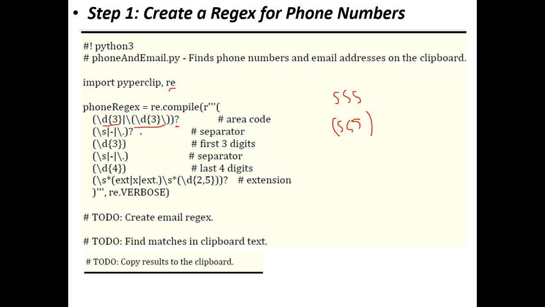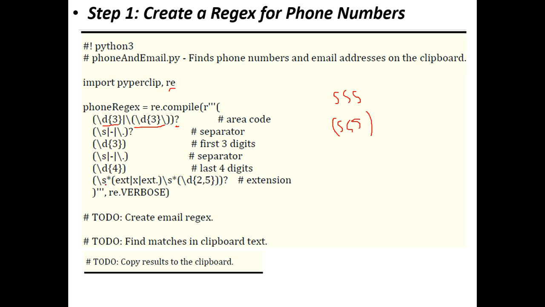Next, a few parts of the regular expression are straightforward. After this, it is going to have 3 digits followed by another separator, followed by 4 digits. The last part is an optional extension, which is made up of any number of spaces.